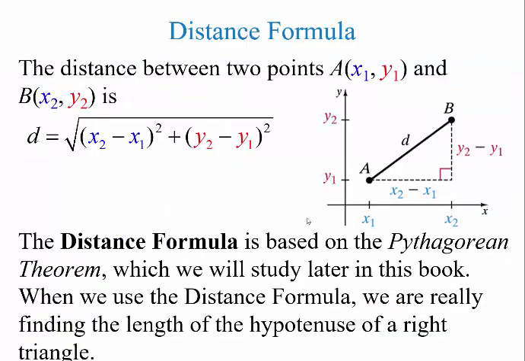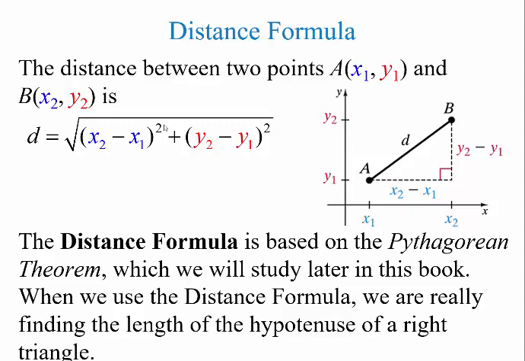All right, let's end by talking about the distance formula. So the distance between 2 points. So we'll have our first point here, A. It's going to have x1 and y1 as its coordinates. And point B up here is going to have x2 and y2. The distance is equal to the length of this segment here. This is important. I'm going to take the difference of my x values, and I'm always going to do it in this order: x2, the larger one, minus the smaller one.